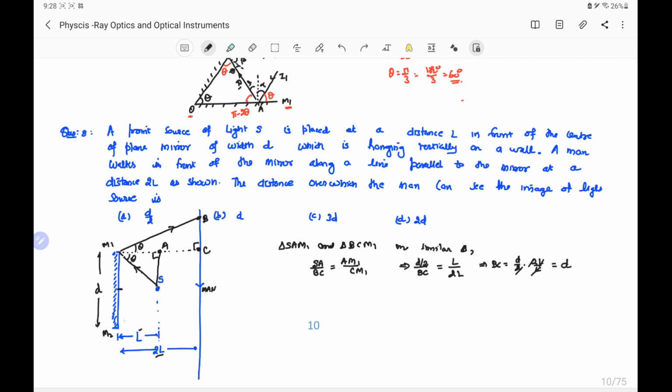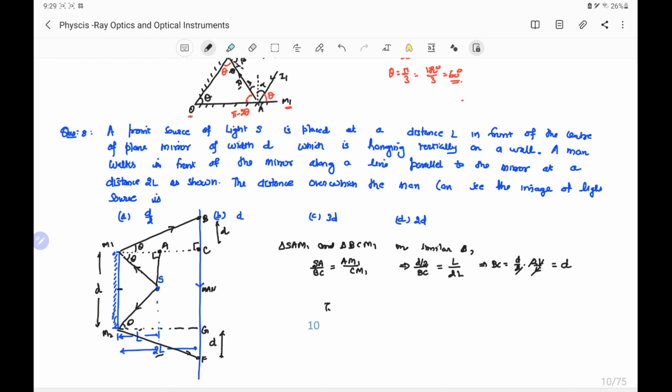Similarly, we take another extreme point, that is M2, and take a ray incident from S on it at an angle of theta. It gets reflected and meets the path at point, say, F. So the distance of F and G will be D, equal to the distance between B and C. And CG is parallel to M1M2 and equal.